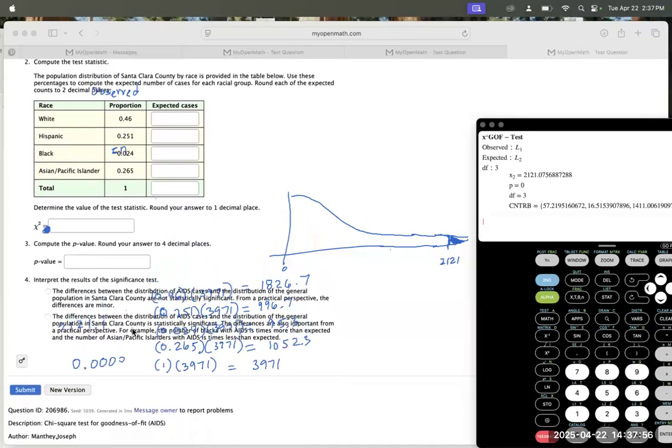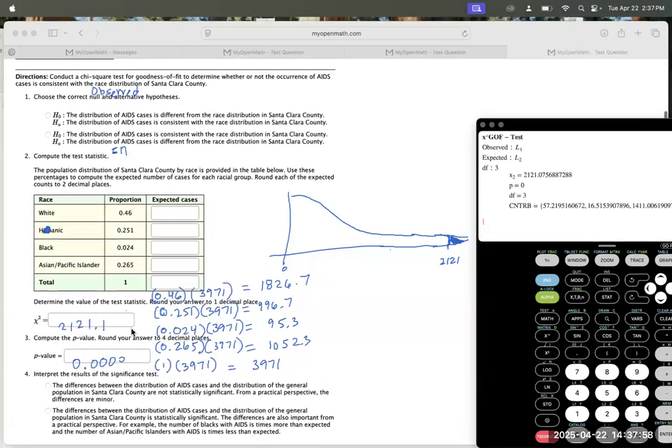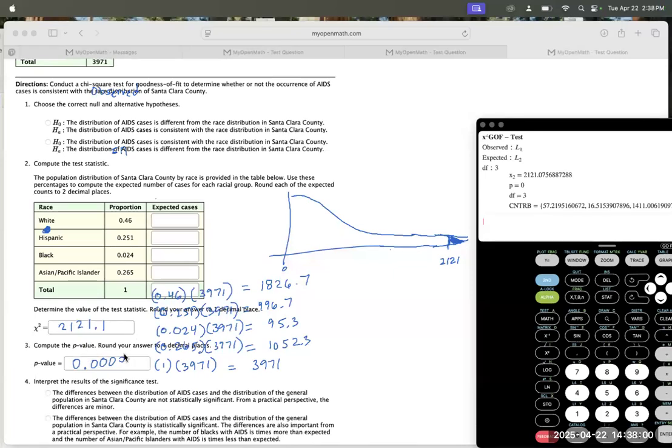Then it says interpret the results of this. Definitely, because the p-value is 0, it is less than alpha. We always have to ask, is the p-value less than alpha? Yes, it is, because it's less than anything, because it's 0. So we're going to reject the null hypothesis.